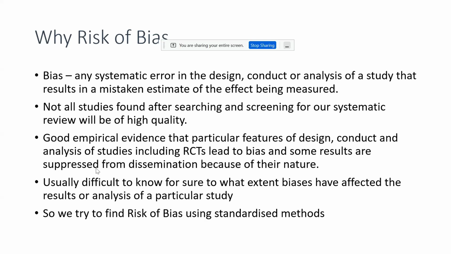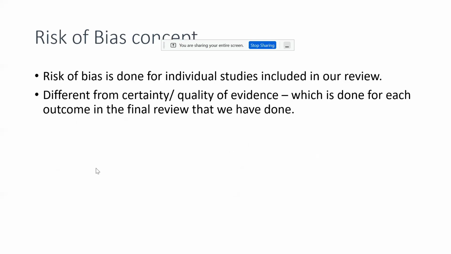Okay, to clarify the concept of risk of bias, risk of bias is an assessment that is done for individual studies included in our review. So if there are 3 studies that have been included in my review, I will do risk of bias assessment at least thrice in my systematic review.